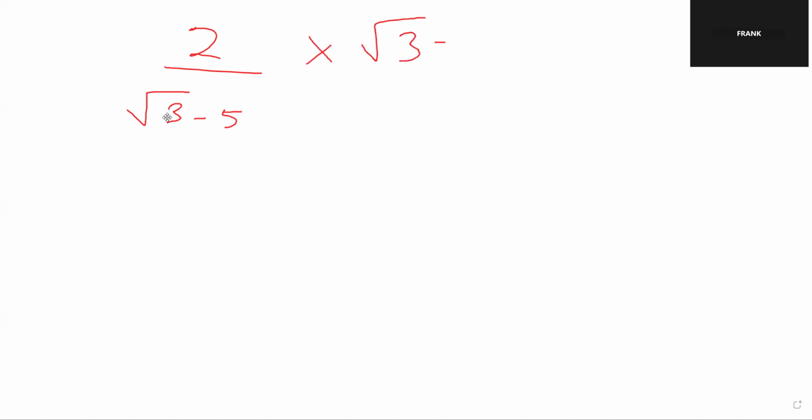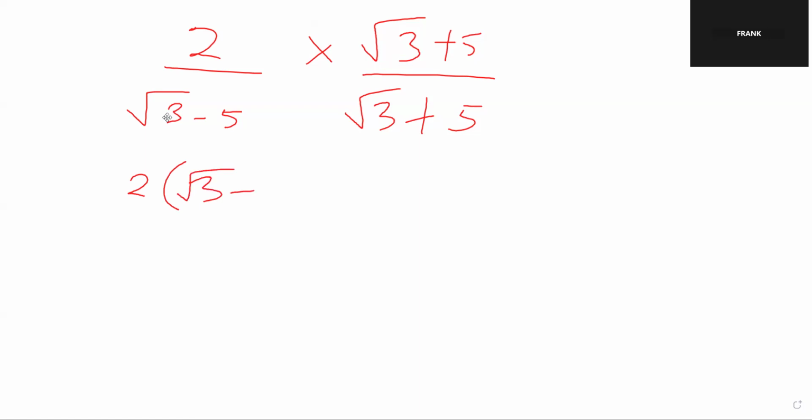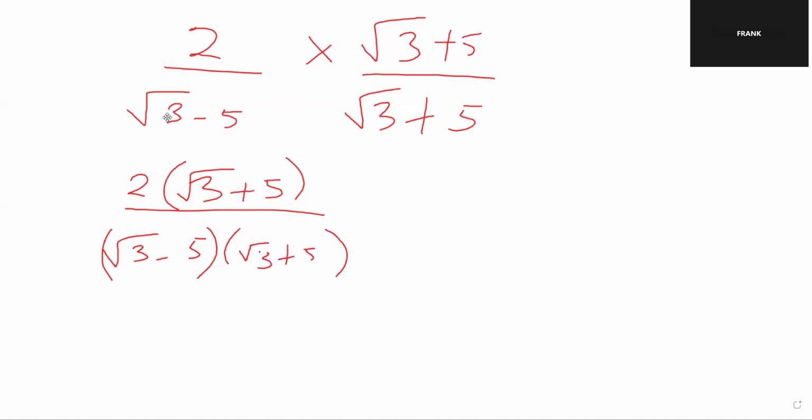Once it's minus, you use plus: root 3 plus 5. So 2 times, now that's a 2-term expression, put that in a bracket, root 3 plus 5. Then down I have root 3 minus 5, root 3 plus 5.